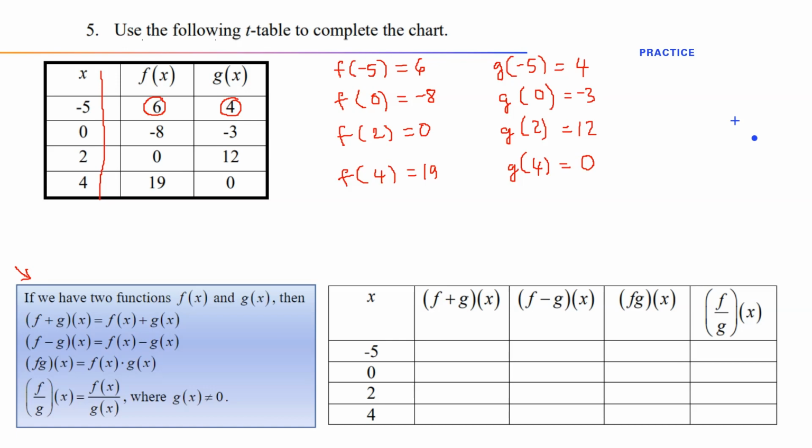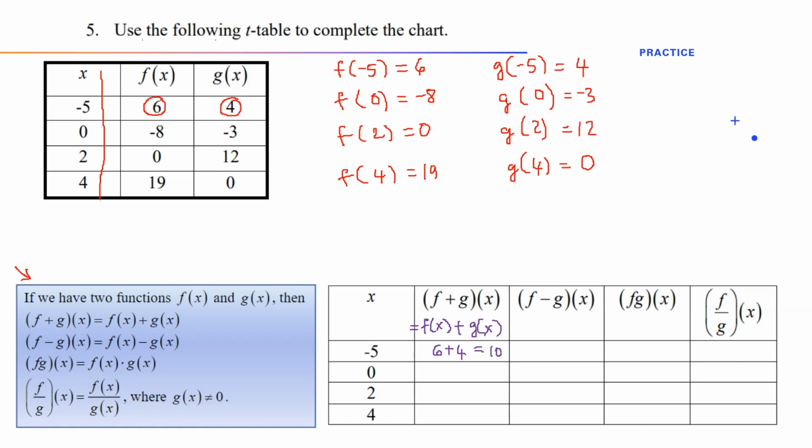So we have f plus g is f of x plus g of x. So f of negative 5 plus g of negative 5, that will be 6 plus 4, which equals 10.